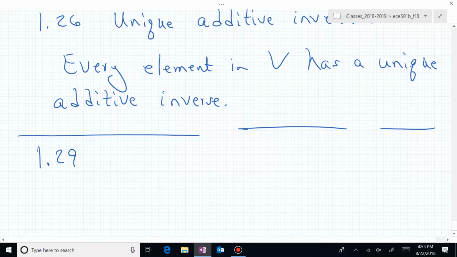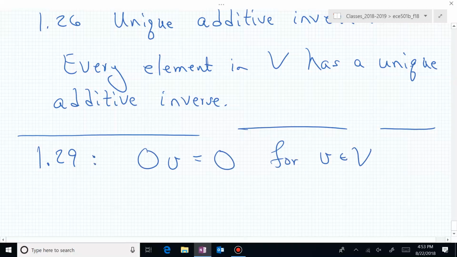He obviously used some other equations to label some of the numbers. Now we're jumping from 26 to 29, but we're probably catching all of the properties of vector spaces. In this one, we have 0v is equal to 0 for any v in the vector space V. And here, are those zeros the same?